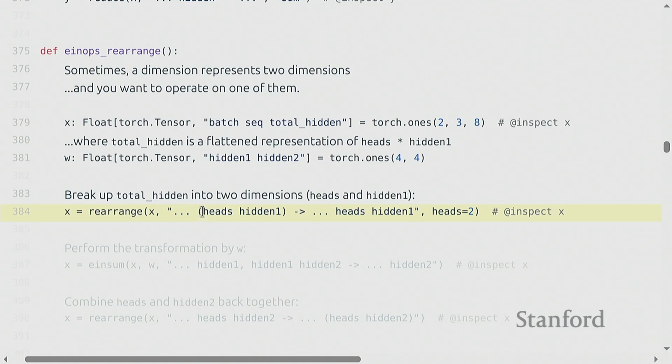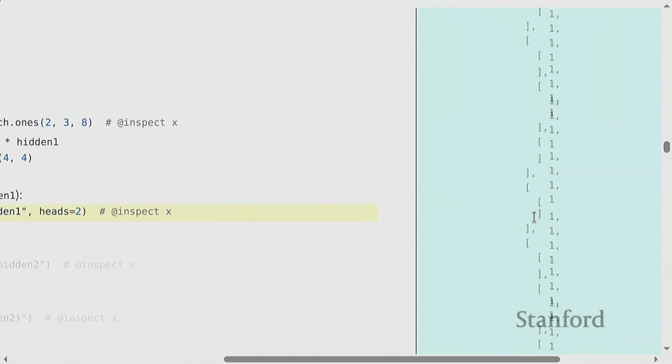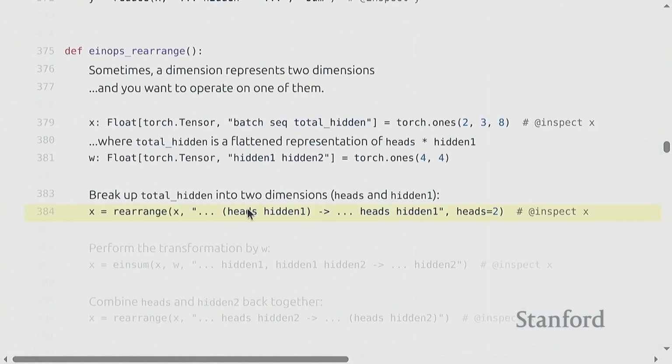So here it basically says this dimension is actually heads times hidden 1. I'm going to explode that into 2 dimensions. And you have to specify the number of heads here, because there are multiple ways to split a number into 2.